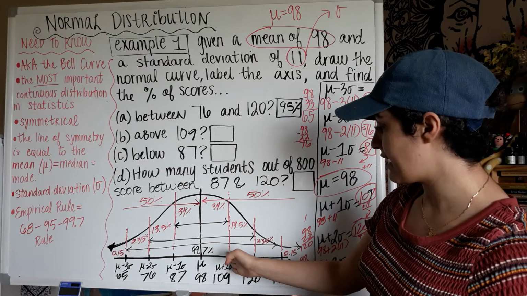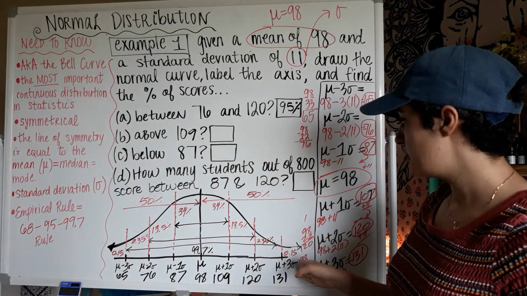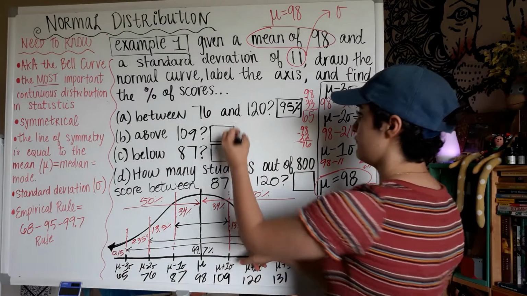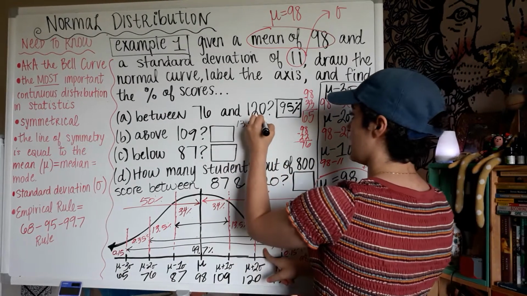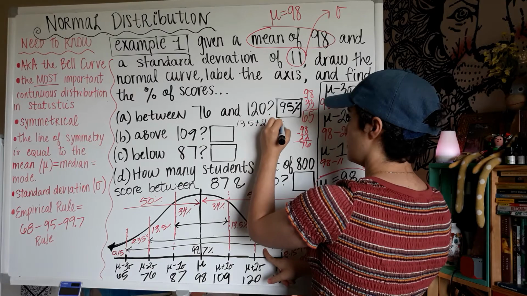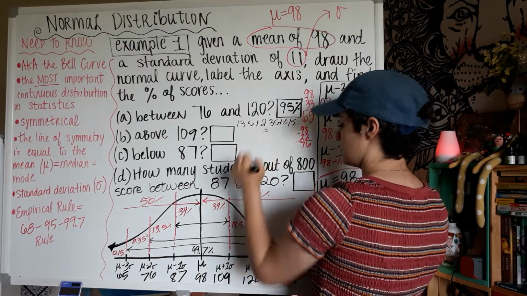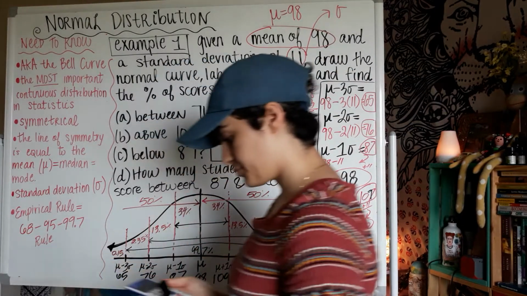So you're adding everything after 109. So that would be 13.5 plus 2.35 plus 0.15. So let's see.